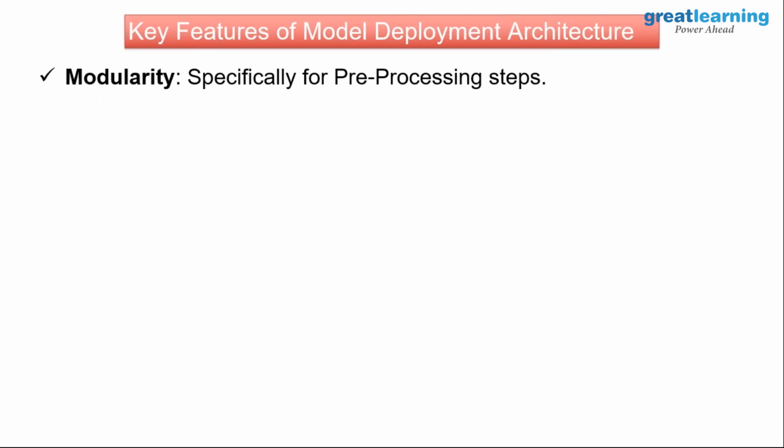First is modularity. Why do we say modularity is key for a model deployment, and specifically the pre-processing steps? Because sometimes the requirement is not just limited to doing a prediction from the data which is available. I'm sure you would have seen it in the modules.